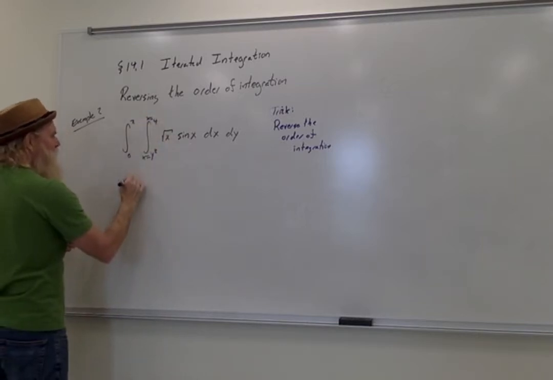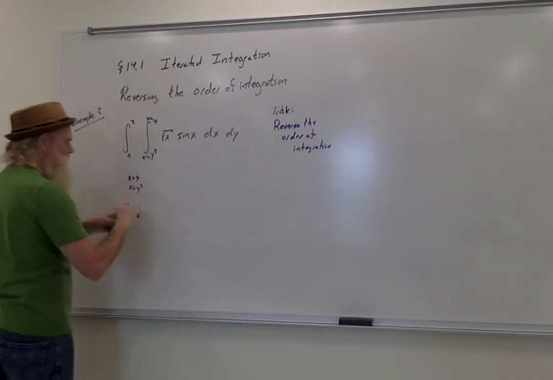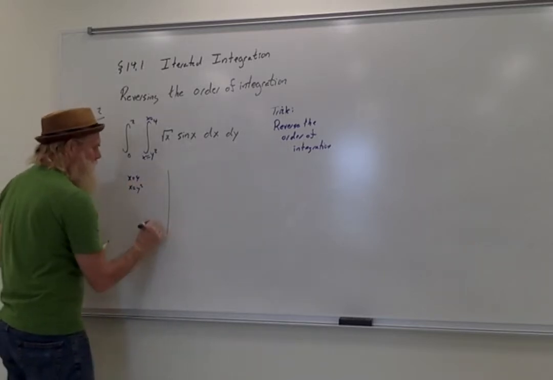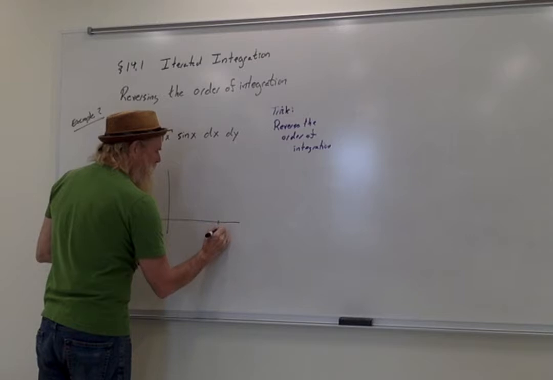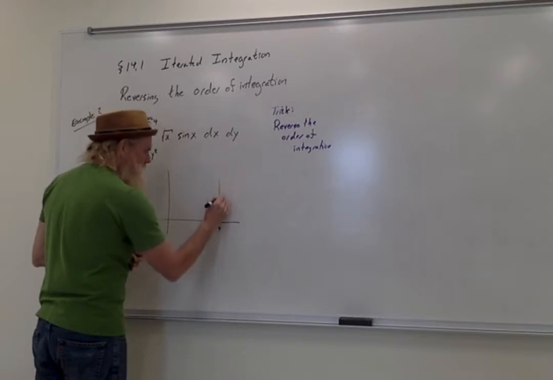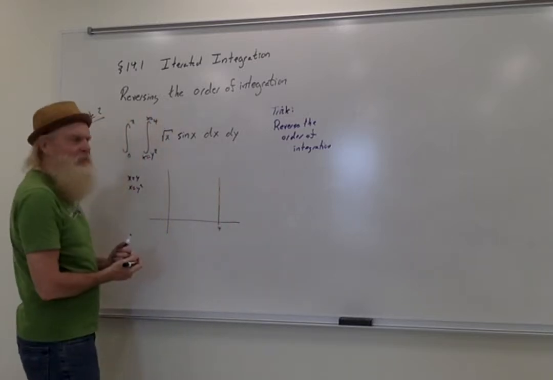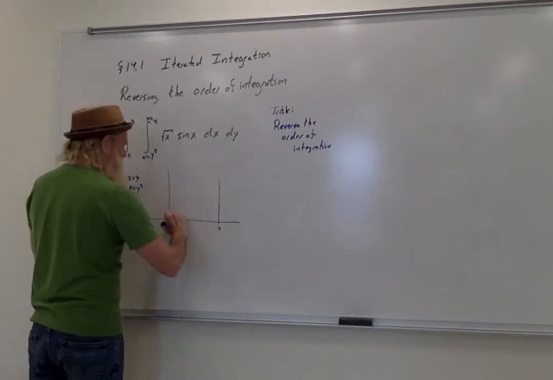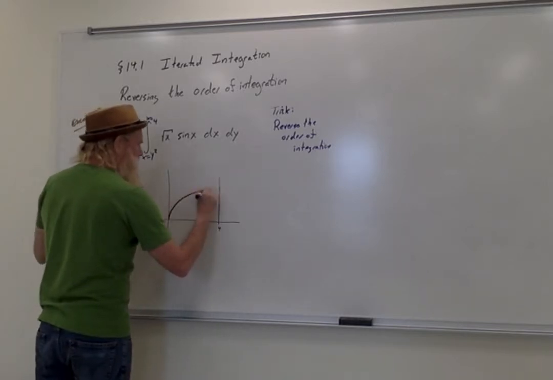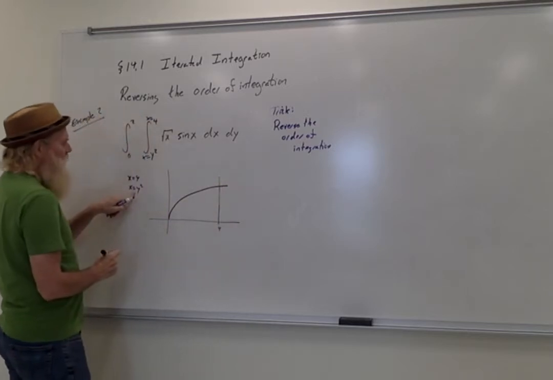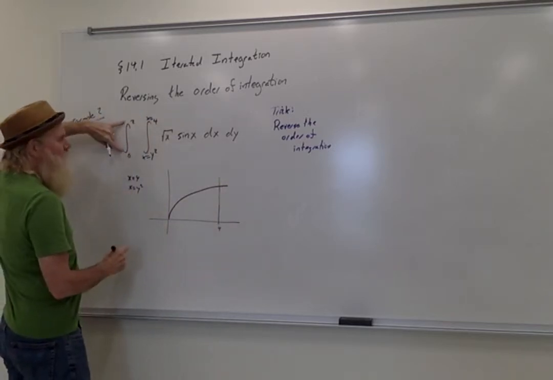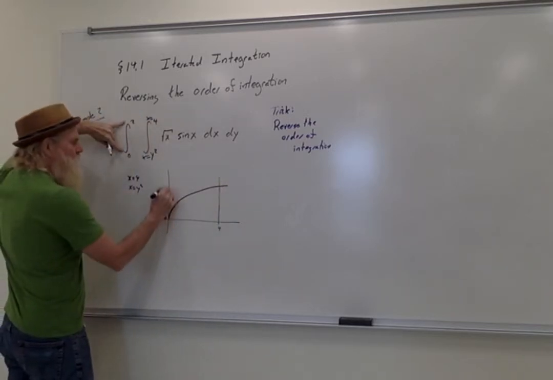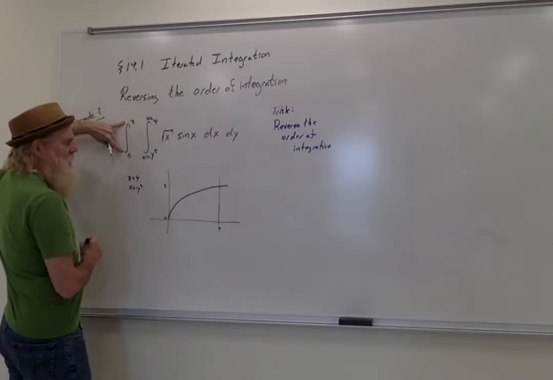So let's look at the curves x equals 4 and x equals y squared. X equals 4 is a vertical line, and x equals y squared is a sideways parabola. I'm only going to draw the top half of it because remember, I'm only going between 0 and 2 on the y-axis.